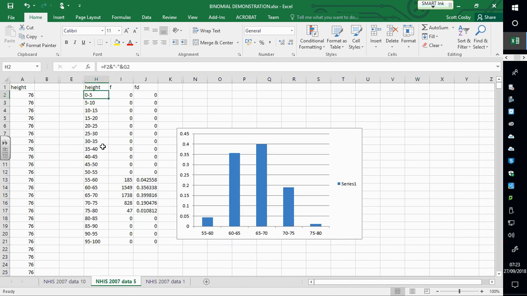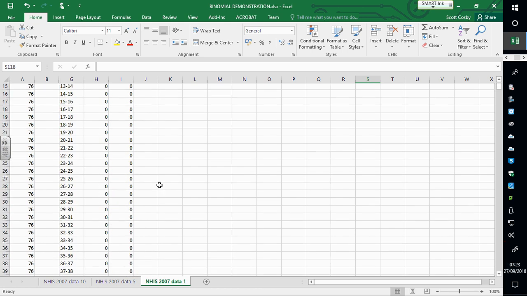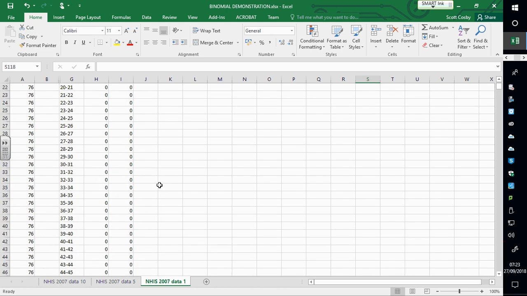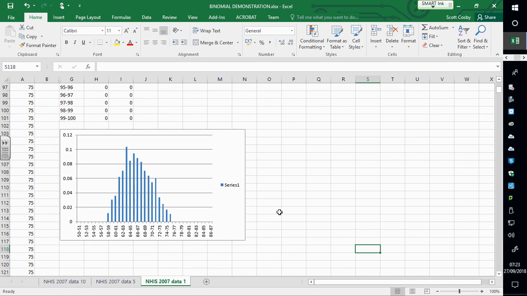My class size is 5 in width now, not 10, and we're starting to get a rounder picture. Then if I make the class size 1 in width, so it's literally 0 to 1, 1 to 2, etc., wow, I really am starting to get this bell curve look here. And that's only with 4,000 people.